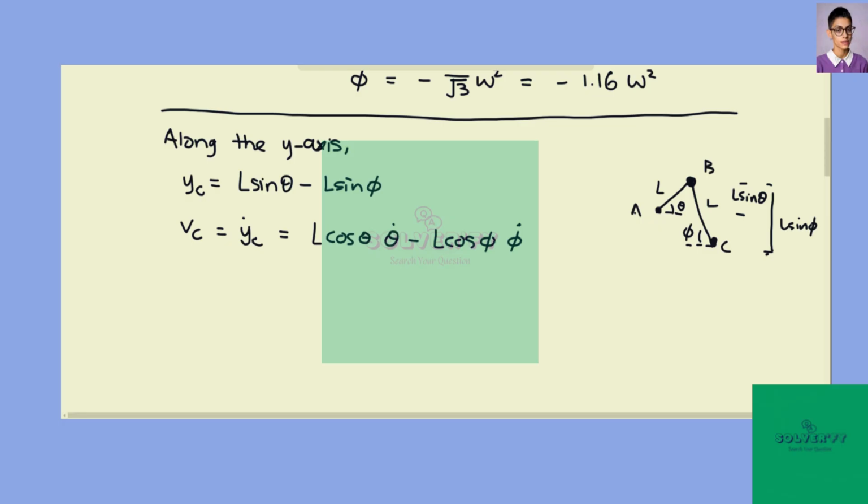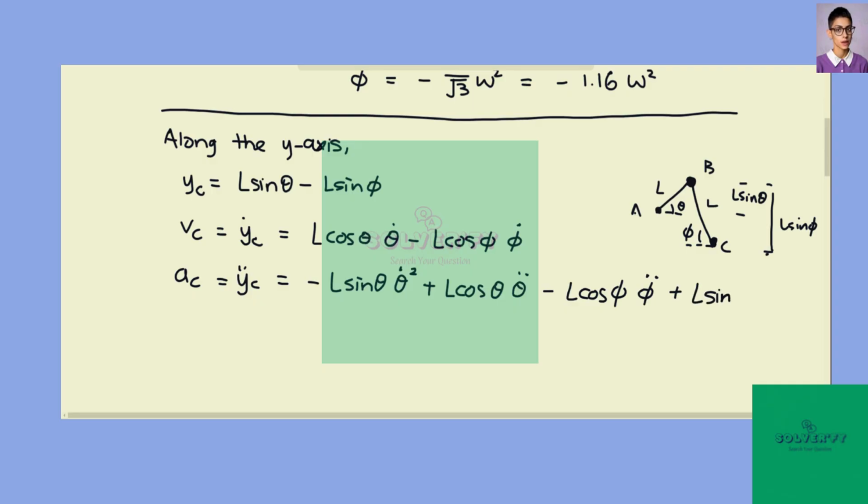Then you do another time derivative to get ac. This is minus L sine theta theta dot squared plus L cosine theta theta double dot minus L cosine phi phi double dot plus L sine phi phi dot squared.